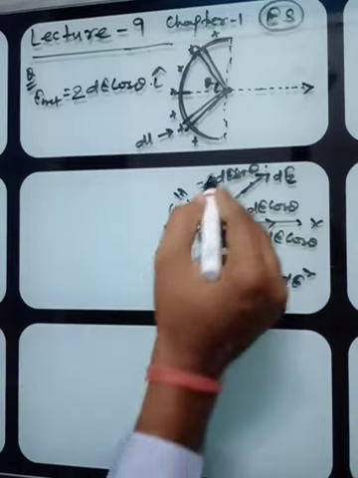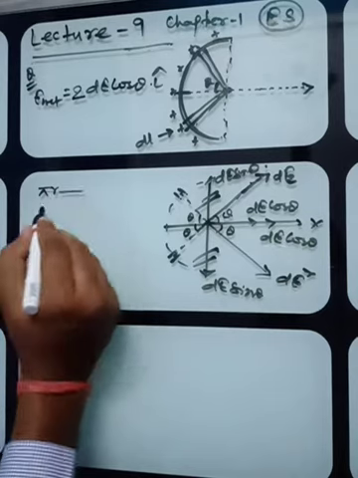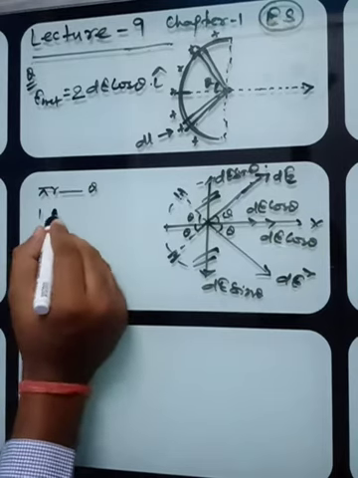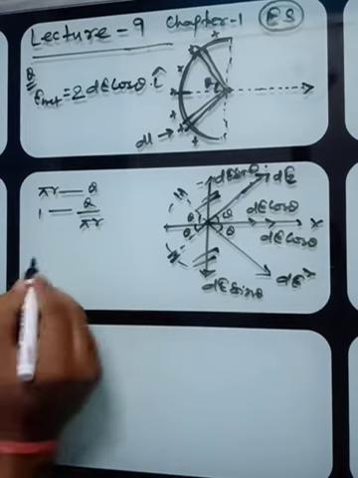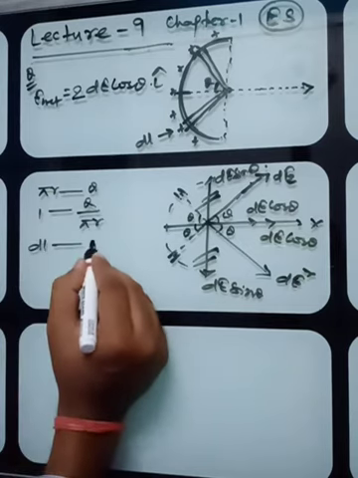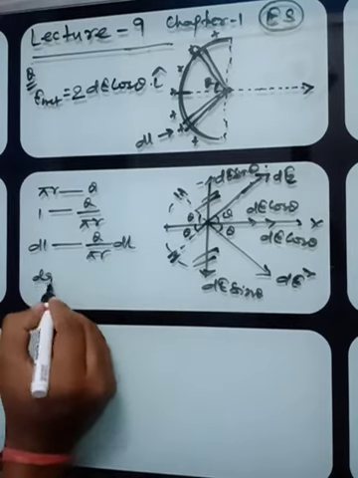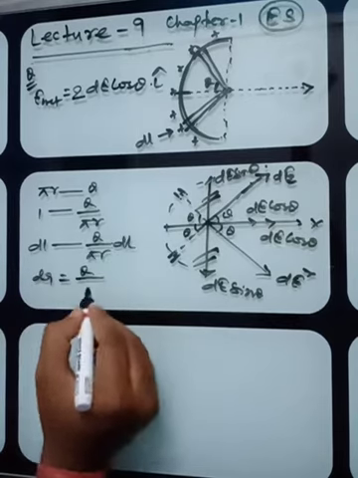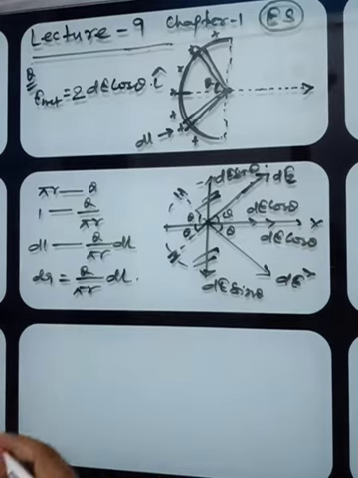The total length of the ring is pi r, in which the total charge is q. In unit length, the charge will be q by pi r. So in dl length, the charge is q by pi r times dl. It is nothing but the dq, q by pi r times dl, and this is the charge. Now you will put this value over here.